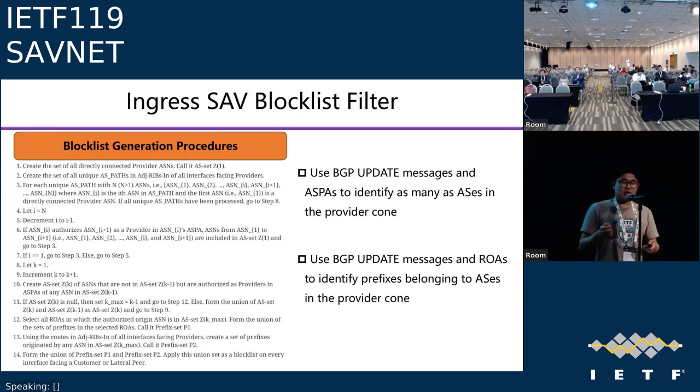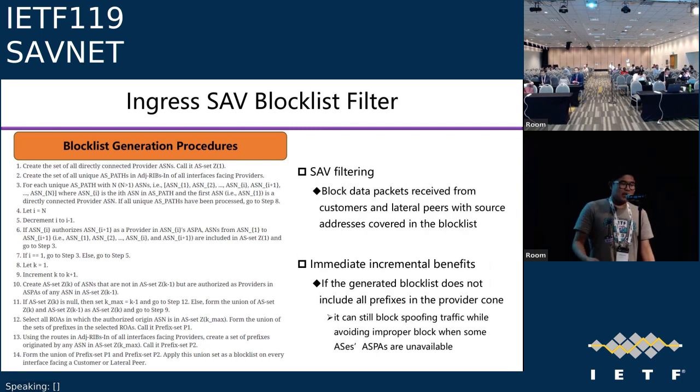BiconSAV suggests to use BGP updates, ASPA, and ROA data to generate the block list. Here shows the block list generation procedures, but due to time limits, I will just briefly introduce them. We will first use BGP updates and ASPAs to identify as many ASs in the provider cone as possible, and then we can use BGP update messages and ROAs to identify prefixes belonging to ASs in the provider cone. Then we can use this SAV block list filter to perform SAV filtering.